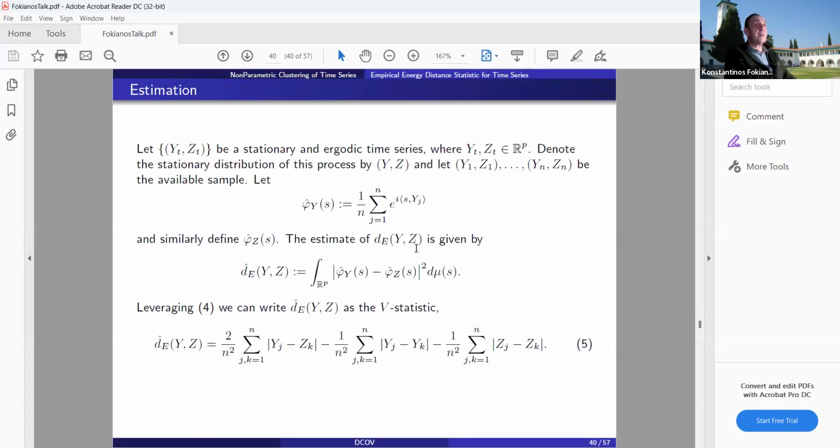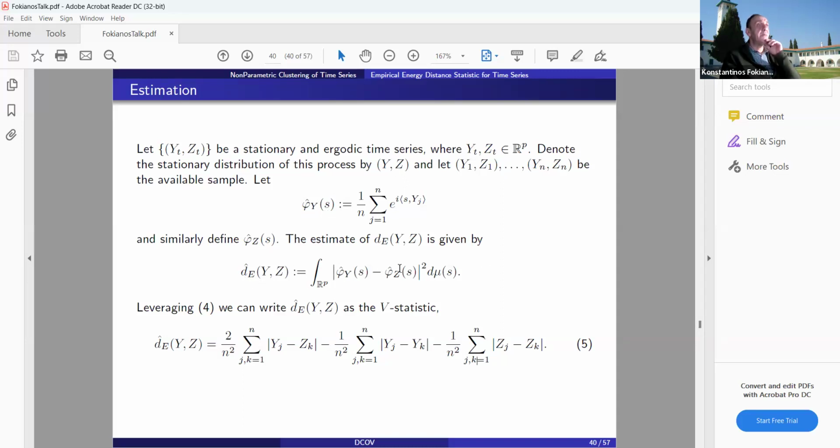So now we have a time series. We want to estimate this. So suppose we have a stationary and ergodic time series, p-dimensional. We denote the stationary distribution by yz. So we have this sample. So we can take the empirical characteristic function. Here I put an inner product, and similarly define the empirical characteristic function for z.